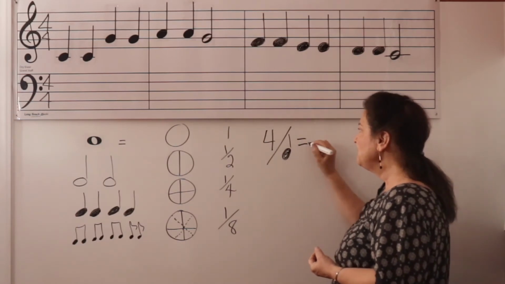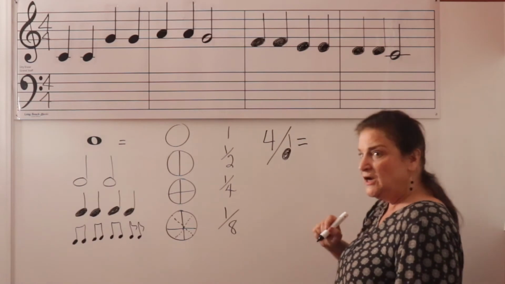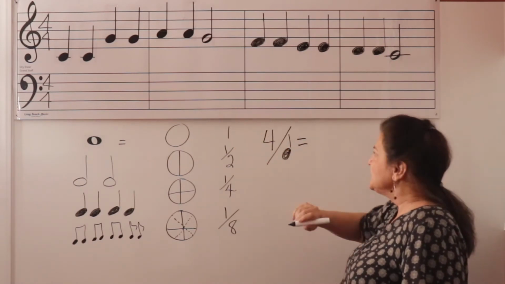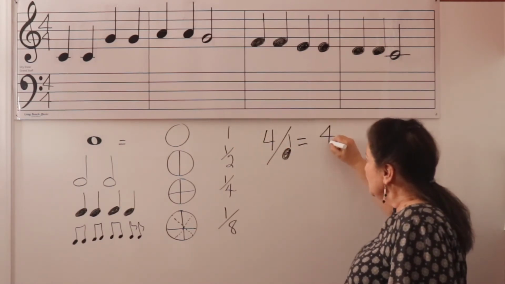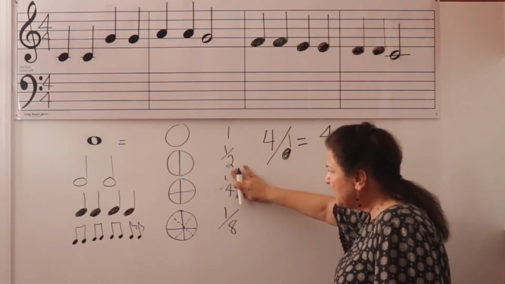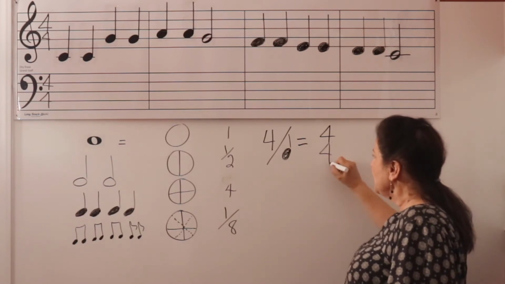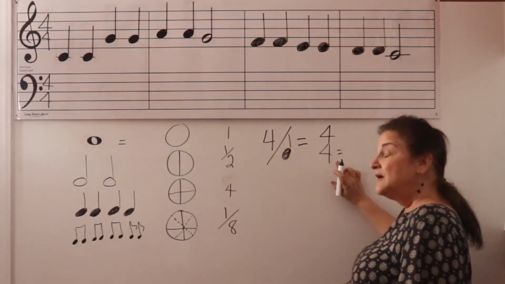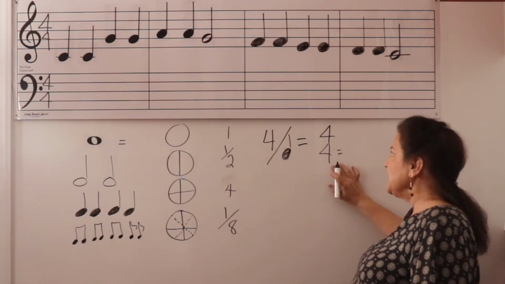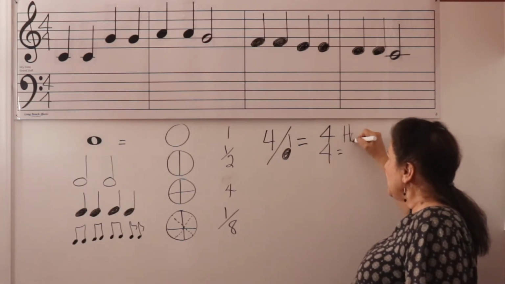Well, this equals that particular symbol that's up there. 4 beats to a measure, and then if we take this away and put the 4 down here, that means the quarter note gets 1 beat. So the top number is the meter.